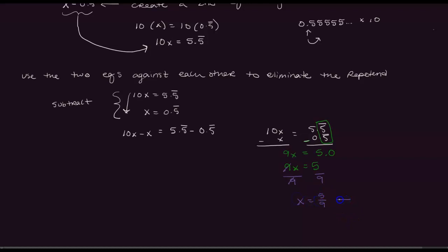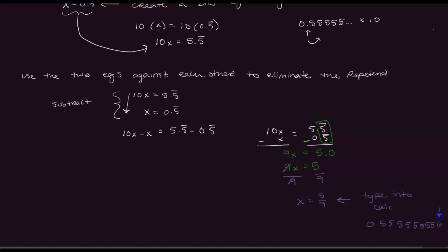And you can double check this. Type it into your calculator. You will see 5 divided by 9 will give you a repeating decimal of 0.5 repeating. Now, be careful because in your calculator you might see something like 0.55555, lots of 5s, and then a 6. And that might make you think, oh, this is not repeating because that's a 6 at the end.